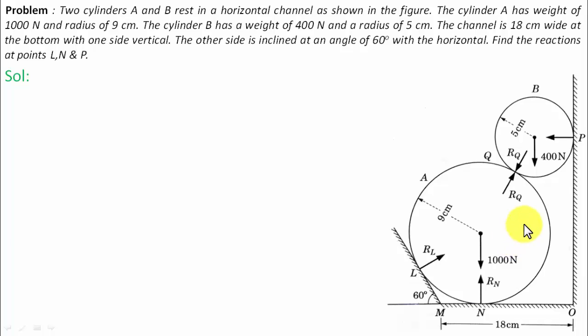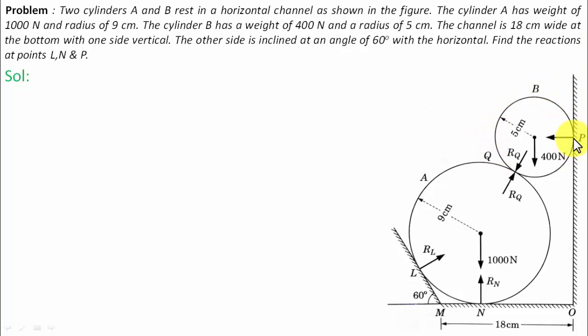Now to move ahead, this larger cylinder is in contact with this smaller cylinder at point Q. Hence, this smaller cylinder is going to offer a reaction in the downward direction, which is directed towards the center of this larger one. Similarly, this smaller cylinder has 2 points of contact.